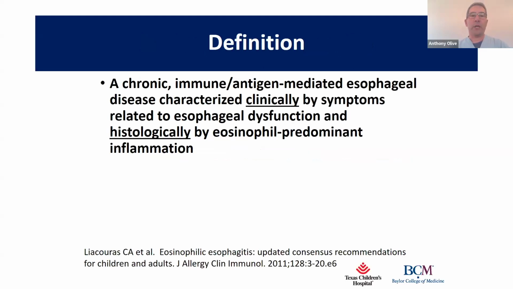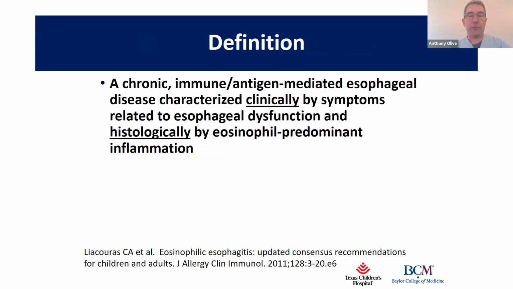So EOE is a chronic immune mediated disease. Chronic meaning that it relapses. If you find a treatment that works and you stop that treatment, it tends to come back. The immune system is responsible for the inflammatory process.